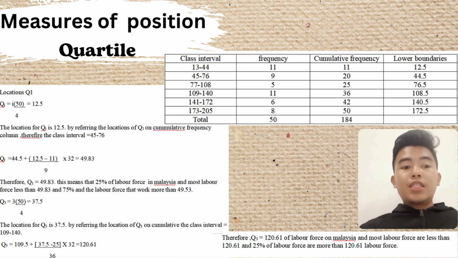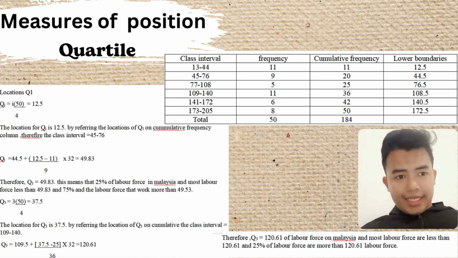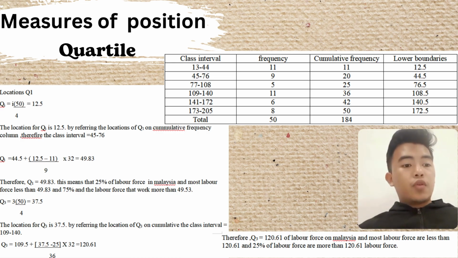Therefore, the class interval for Q1 is 45 until 76. Here you can see the solution to find Q1, which is 49.83. Therefore, Q1 is 49.83.